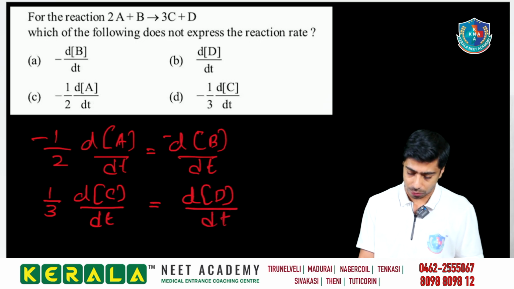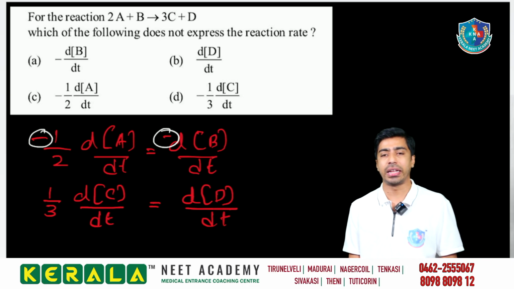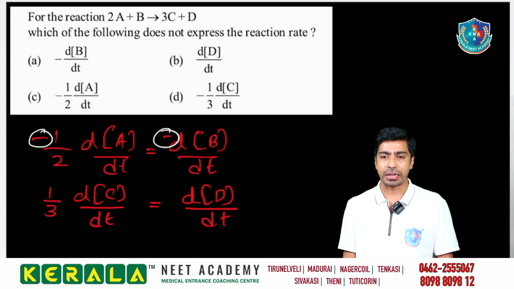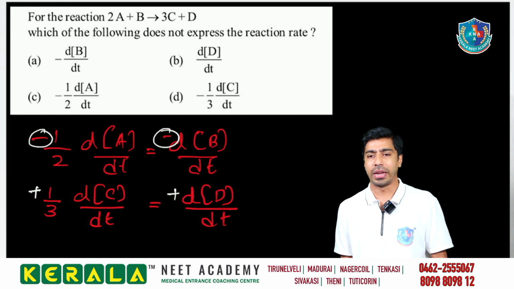In case of reactants, you multiply by a minus sign. The negative sign indicates that the concentration of reactant keeps on decreasing during the reaction, and the product, since it is increasing, you don't multiply by a negative sign.